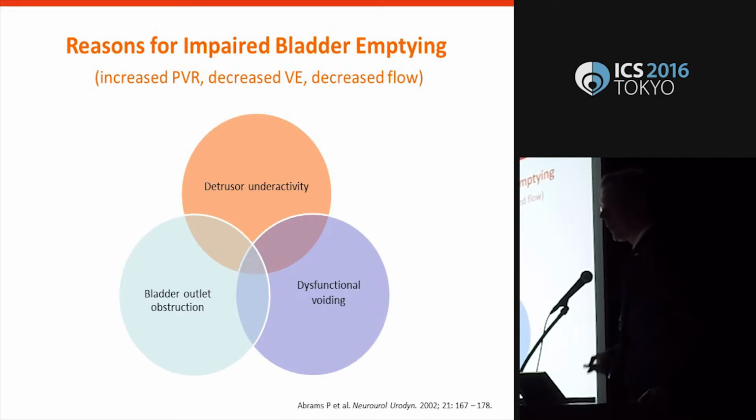These are the 3 reasons that can exist, and of course the overlap between the 3 components. When you have adult men, it's rather untypical to have dysfunctional voiding, so the main components are Detrusor Underactivity and bladder outlet obstruction. And as Richard Turner Warwick already mentioned, you cannot distinguish between the symptoms of Detrusor Underactivity and bladder outlet obstruction, besides this latest publication from Paul Abrams and Andrew Gammy that was showing the opposite.